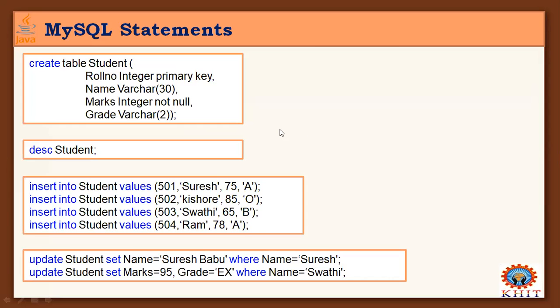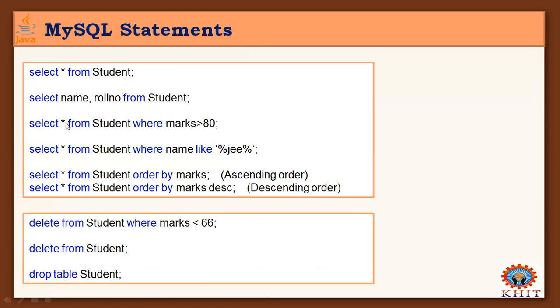So later, creating the table student with the roll number as primary key and so on, the description of the table and how we can see it, and inserting some values into the table student. Then updating some values using the update statement by setting the value with a where condition, and also using select statements, where we are going to see different types of cases.